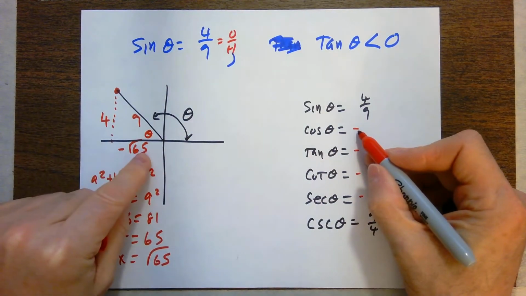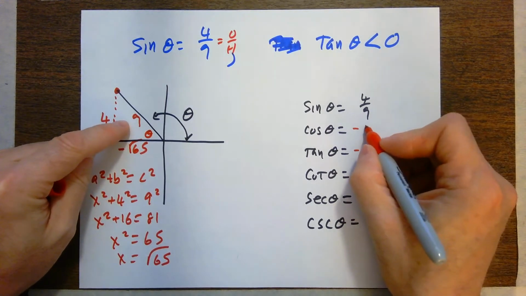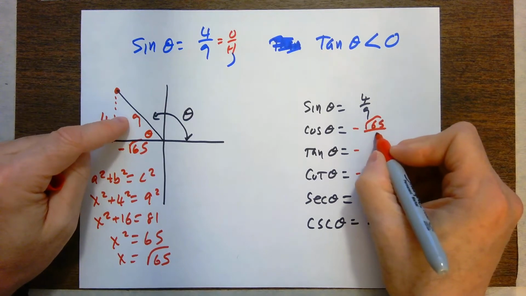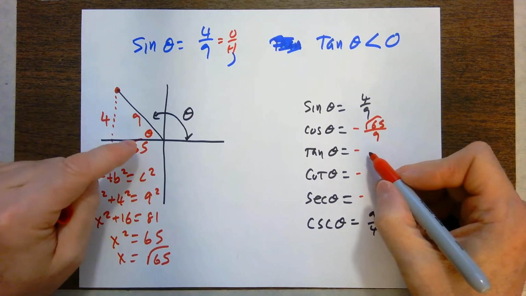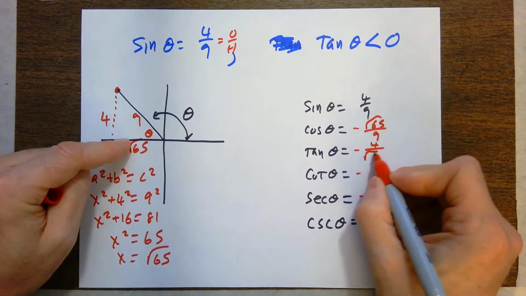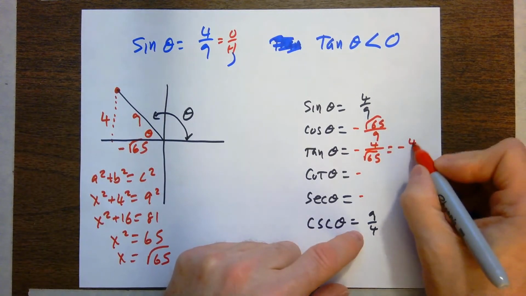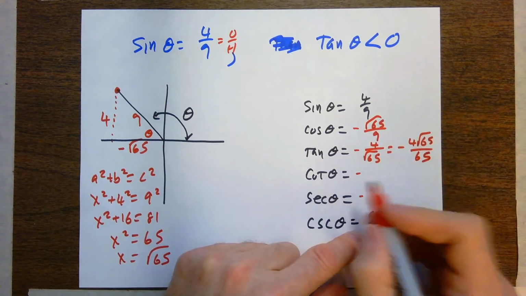Cosine is adjacent over hypotenuse, so negative root 65 over 9. Tangent is opposite over adjacent, so 4 over negative root 65. Rationalize the denominator: negative 4 root 65 over 65.